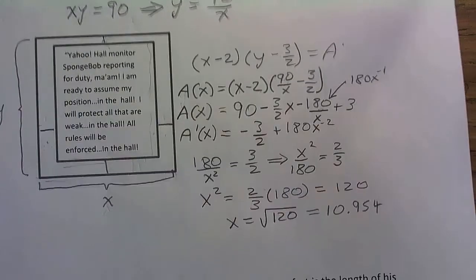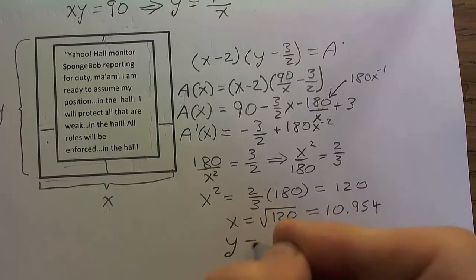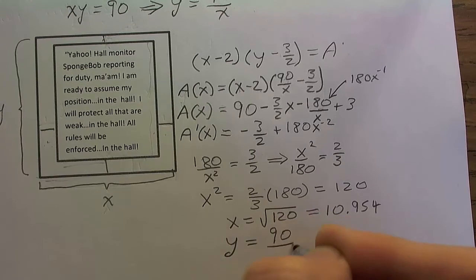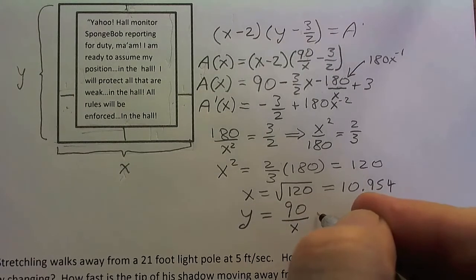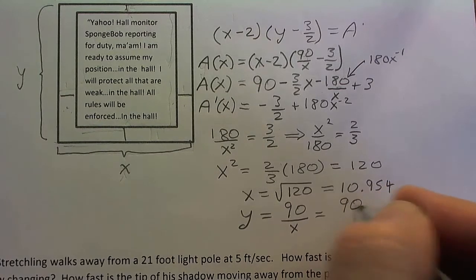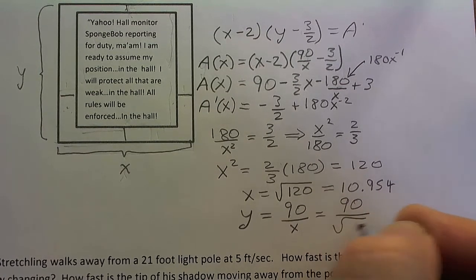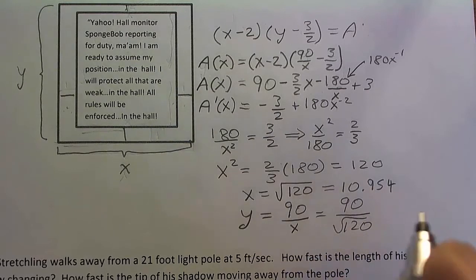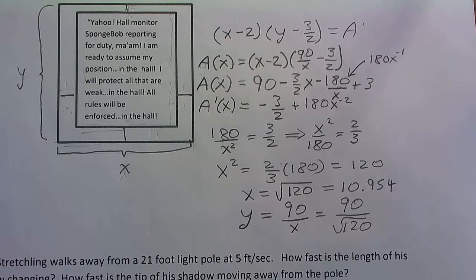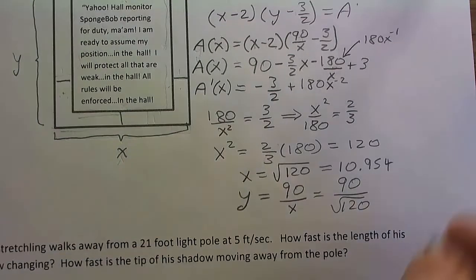Now I need to find the y. Remember, the y is equal to 90 over x. Well, let's see what that is. That's 90 divided by the square root of 120. And let's calculate that. 90 divided by the square root of 120 would give me 8.215.